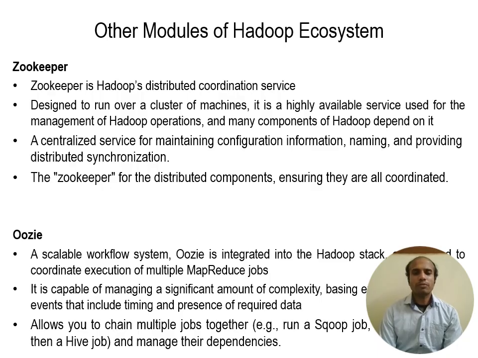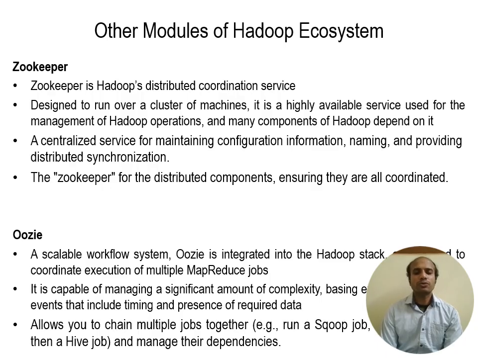Oozie is the project manager defining a complex series of tasks, ensuring they run in the correct order and only when their prerequisites are met. It is a scalable workflow system. Oozie is integrated into the Hadoop stack to coordinate execution of multiple MapReduce jobs. It is capable of managing a significant amount of complexity, ranging across events that include timing and presence of required data.